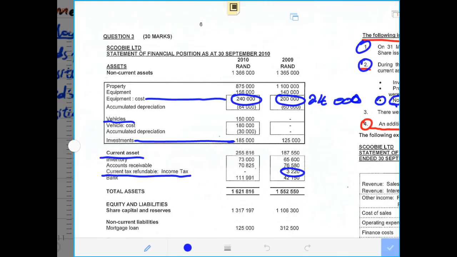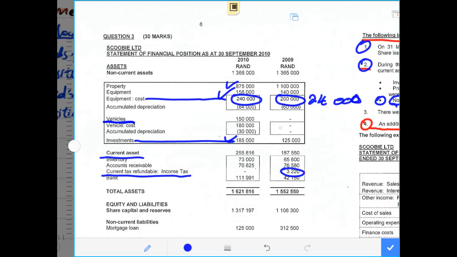In this case, we know that motor vehicle is an investment, and we must take into account any purchase of motor vehicle if there was a purchase of motor vehicle during the year. Because property is done, equipment is done. What is left now? And also investment is done. The only asset that is left that is an investment is a vehicle.